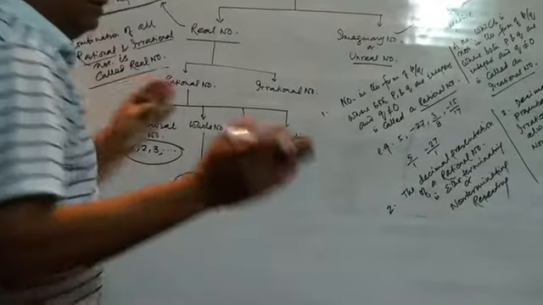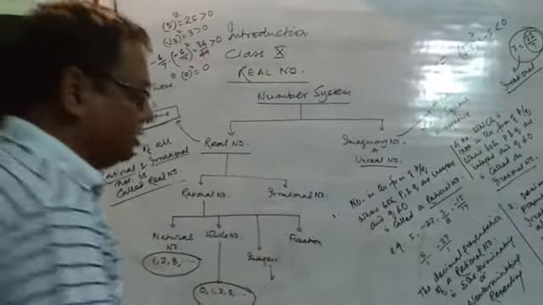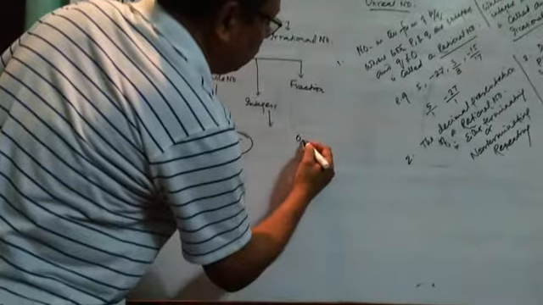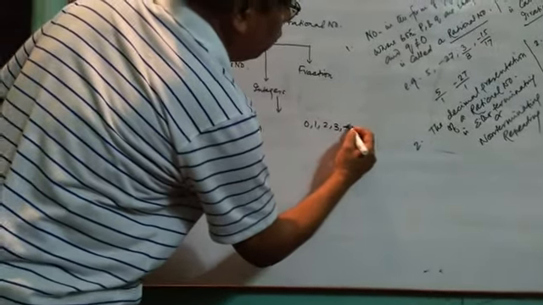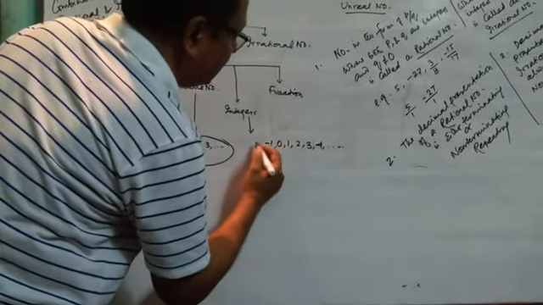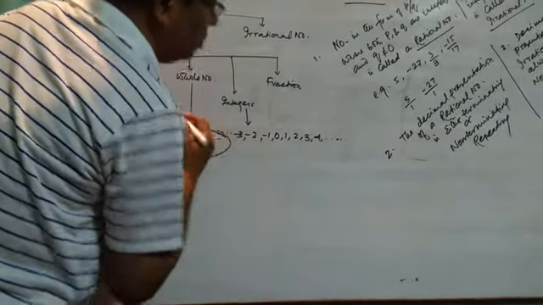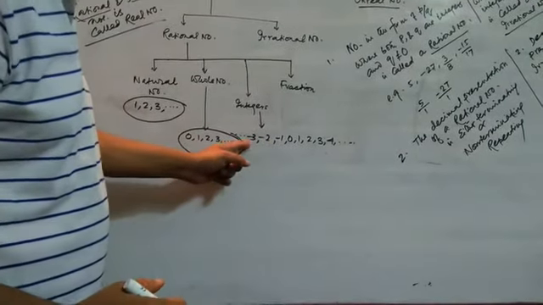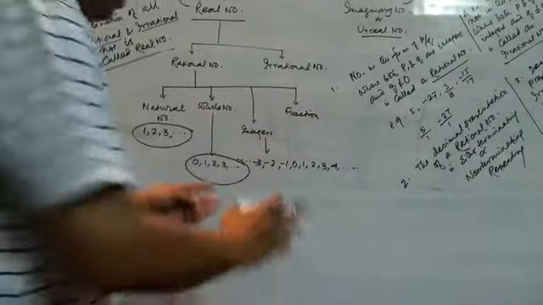Integers: all whole numbers including the negatives of naturals. That means 0 and the whole numbers, 1, 2, 3, 4, dot dot dot, and the negatives of naturals, -1, -2, -3, dot dot dot. So, dot dot dot, -3, -2, -1, 0, 1, 2, 3, 4, dot dot dot.